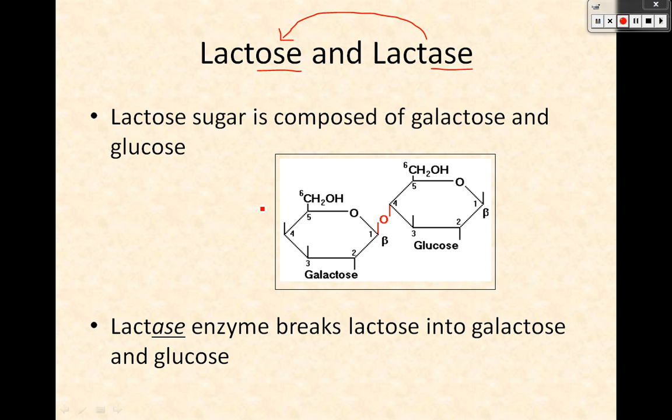So they act differently in our bodies, and they have slightly different properties, though they have a lot of similar properties as well. They're both carbohydrate monomers. But here we've got galactose, and here we've got glucose.